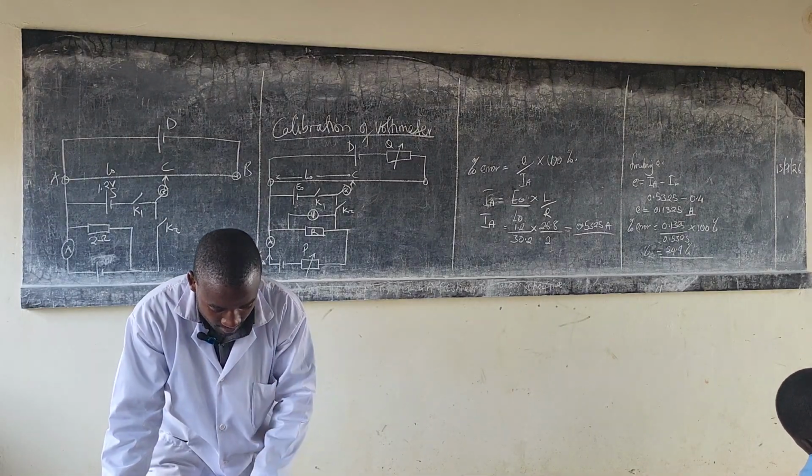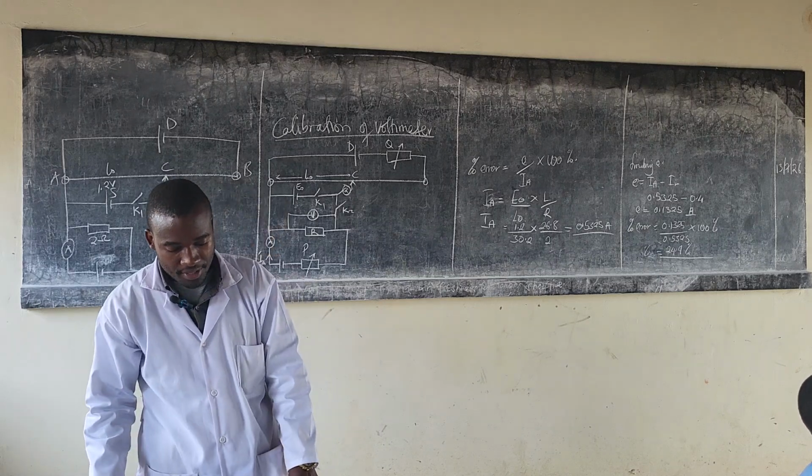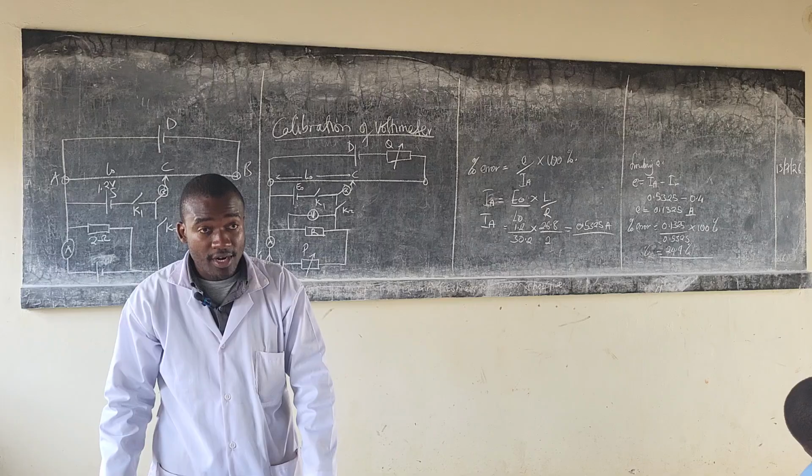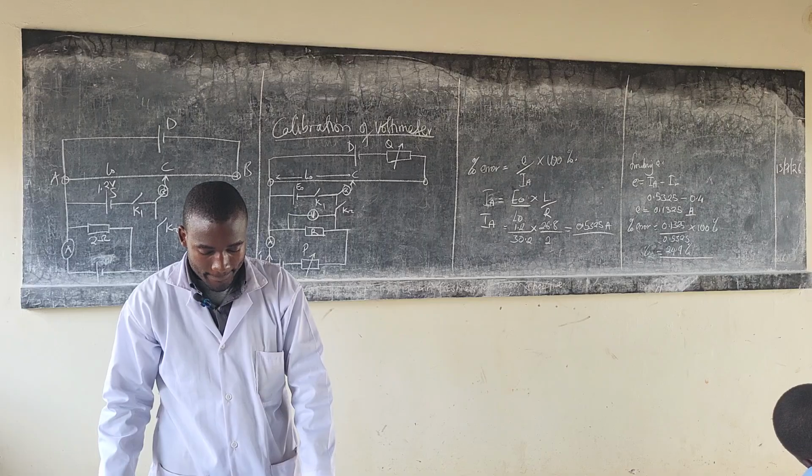A standard cell of EMF E naught and a rheostat P are connected as shown above.